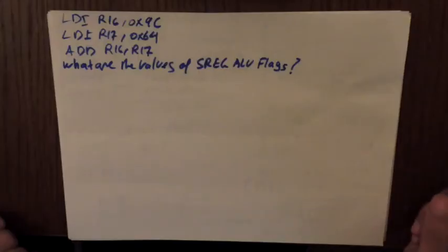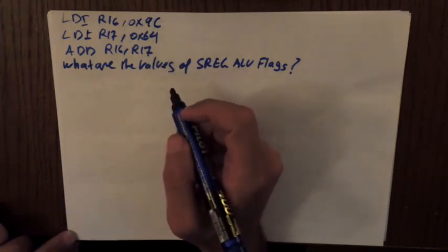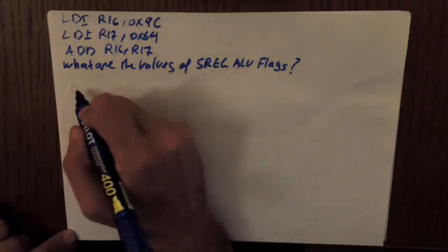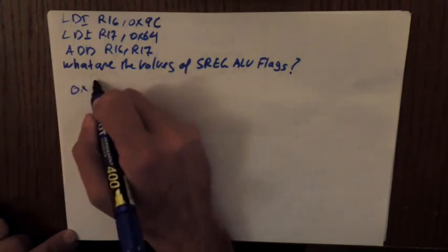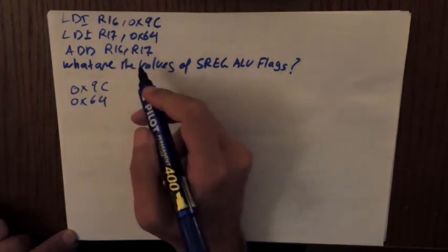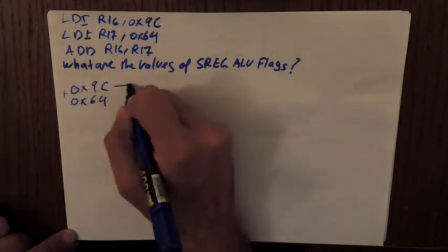Another example about calculating status register ALU flags is the addition of 0x9c and 0x64. As with the previous example, we change the values of the constants used in LDI to binary. So we're gonna do this addition.